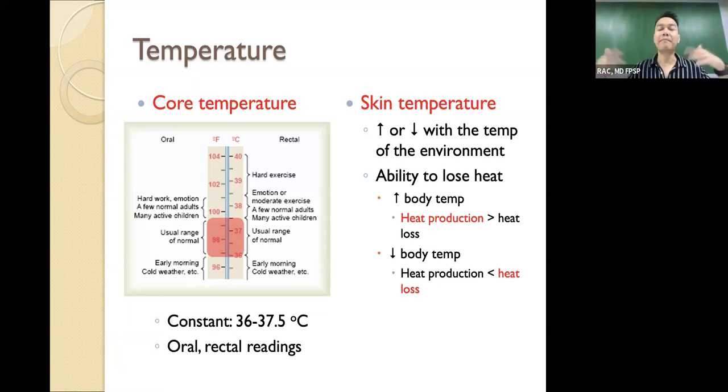For example, when you stand under the sun for a few minutes and then you get your skin temperature, you will expect it to be a little bit higher, but that does not mean you have fever. If you just cool down under a shade, then skin temperature will go back to normal. So skin temperature fluctuates with environmental temperature.